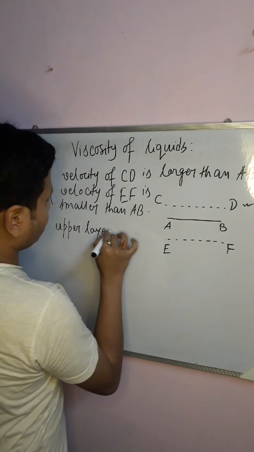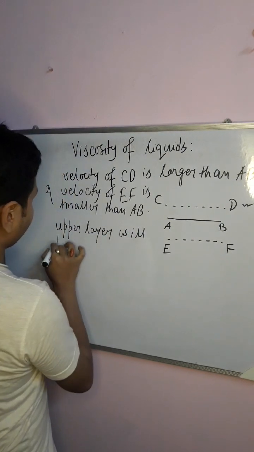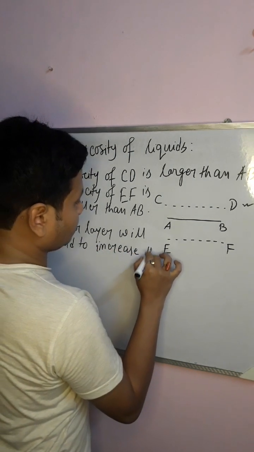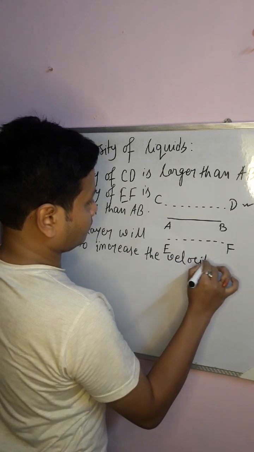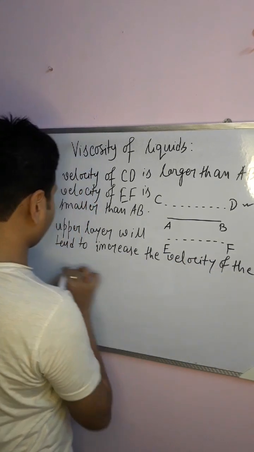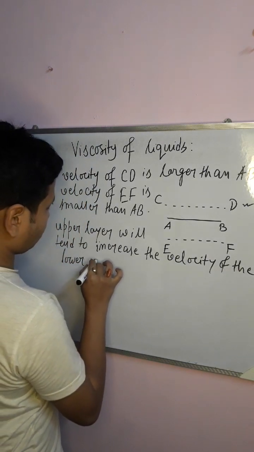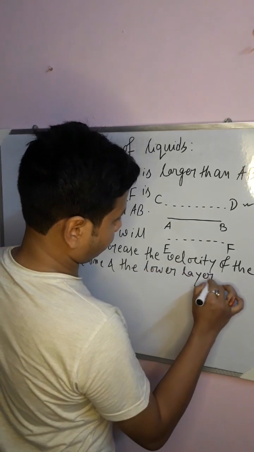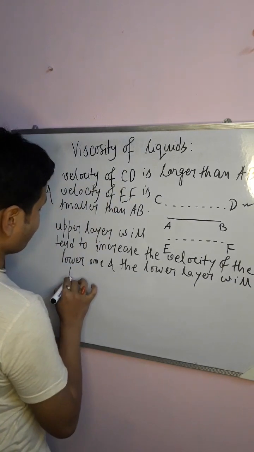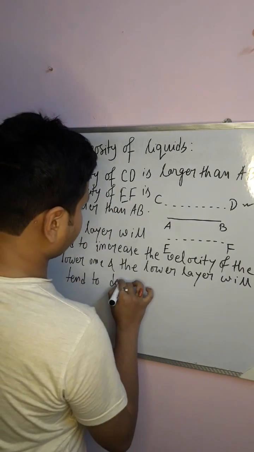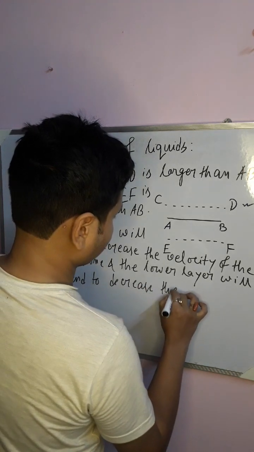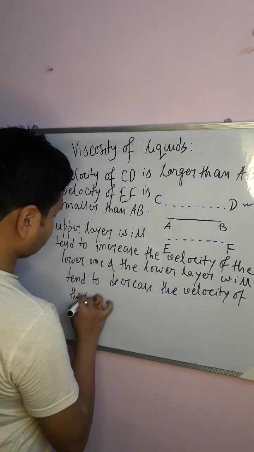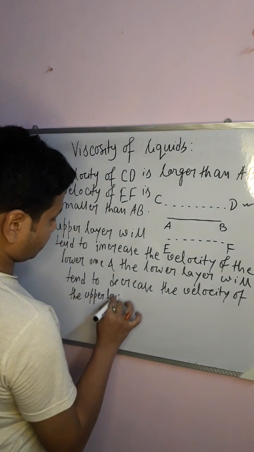The upper layer will tend to increase the velocity of the lower one, and the lower layer will tend to decrease the velocity of the upper layer.